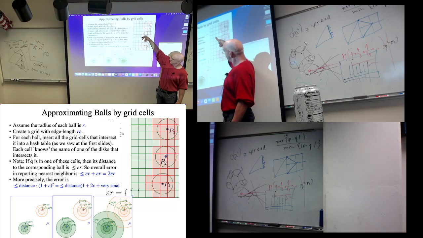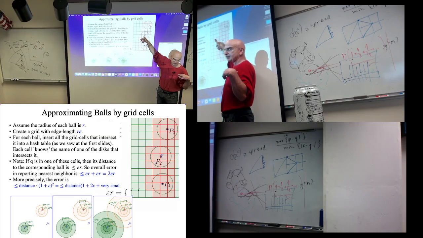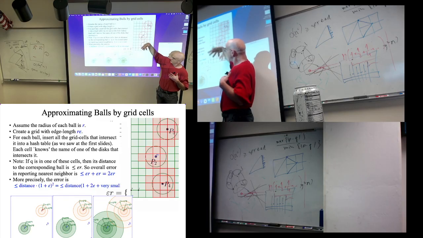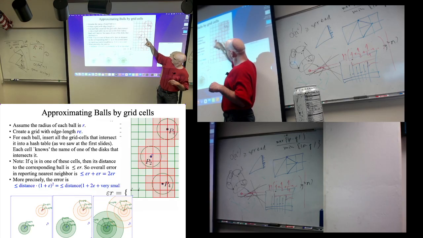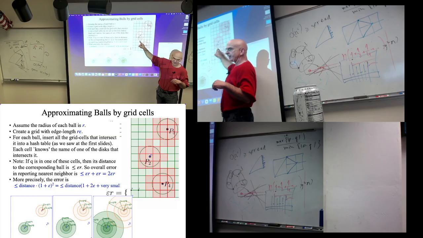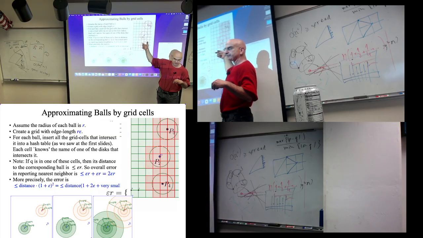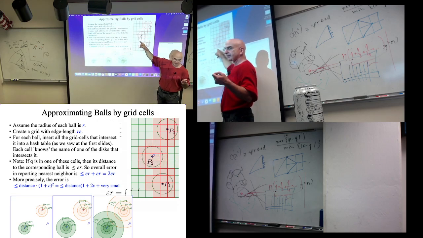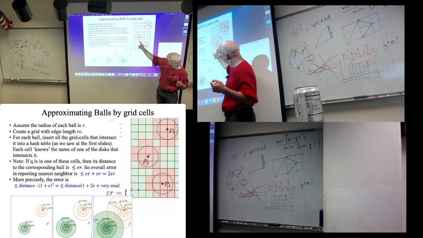And these cells I can store in the hash tables that I had earlier. And now, given a query point, I can ask, is there any disk whose distance from me is R or not? I don't know what is the nearest neighbor, but I know if there is a disk whose distance from me is R, or there is no disk whose distance from my query point is R, and then my cell is green, is not red.